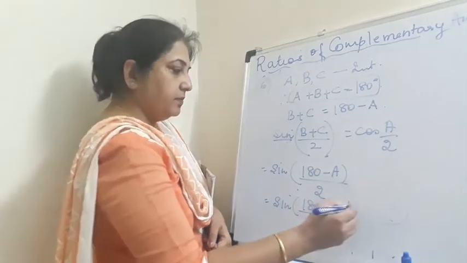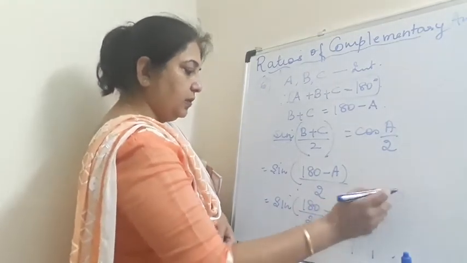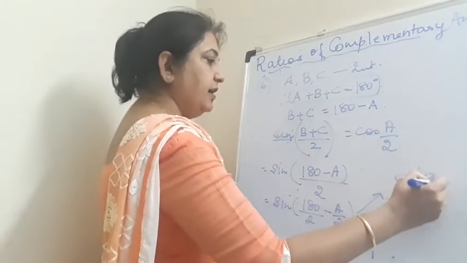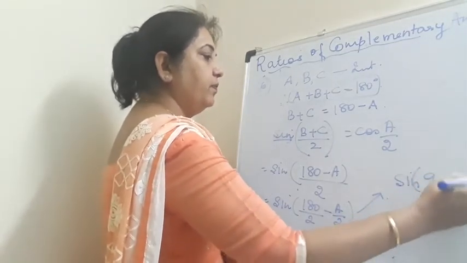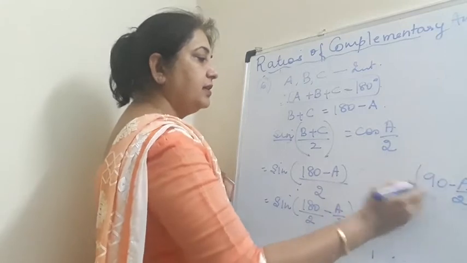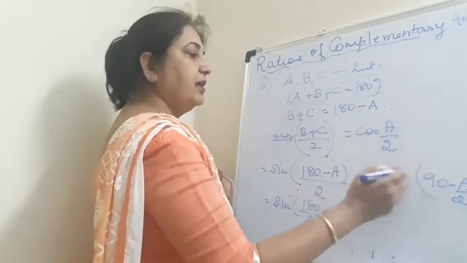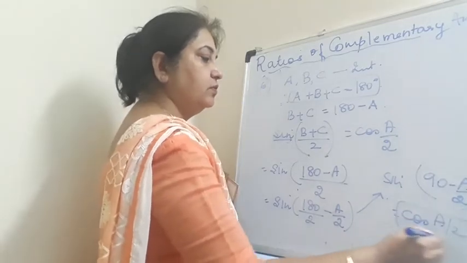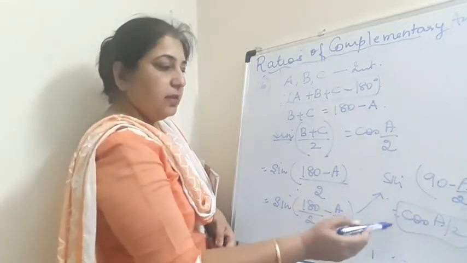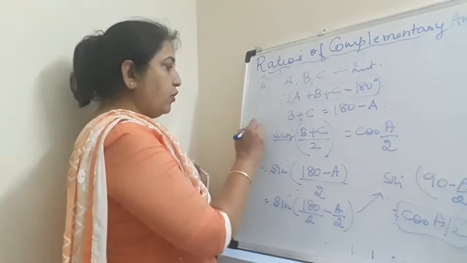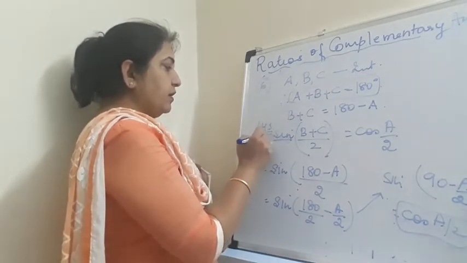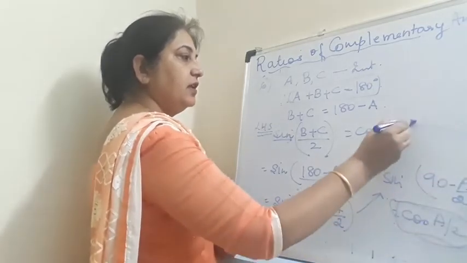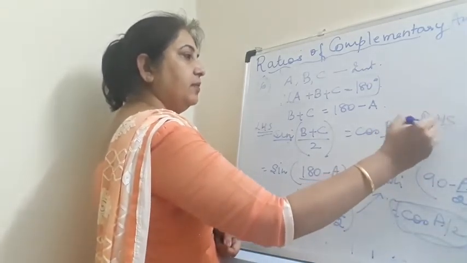That will give me sine of (90 minus A by 2). Now you all know that sine of (90 minus A by 2) is equal to cos A by 2. So cos A by 2, which I have proved from the LHS, when I solve it I get cos A by 2, which is given in the right hand side column.